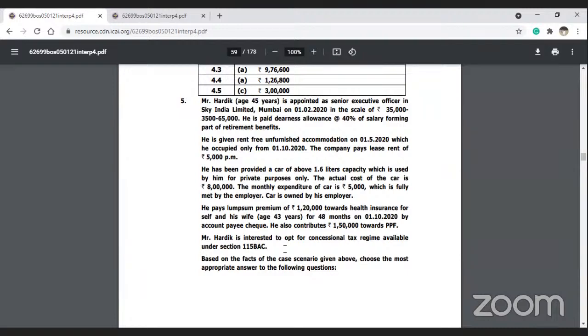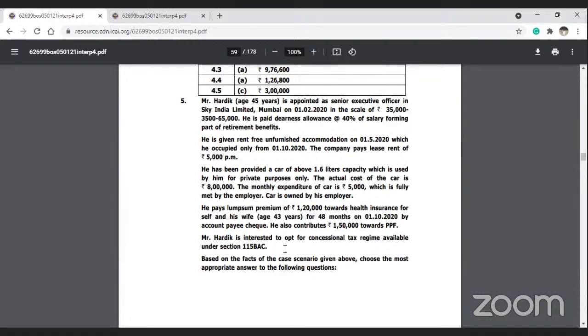Mr. Hardik, age 45 years, is appointed as Senior Executive Officer in Sky India Limited, Mumbai on 1st Feb 2020, in the scale of 35,000, 3,500, 65,000. He is paid dearness allowance at the rate of 40% of salary, forming part of retirement benefits. He is given rent-free unfurnished accommodation on 1 May 2020, which he occupied only on 1st October 2020.